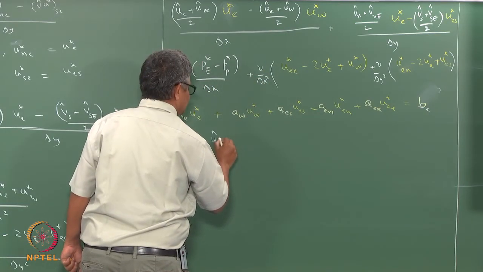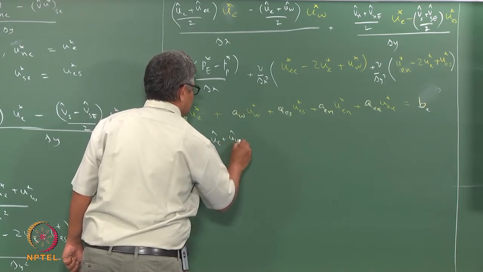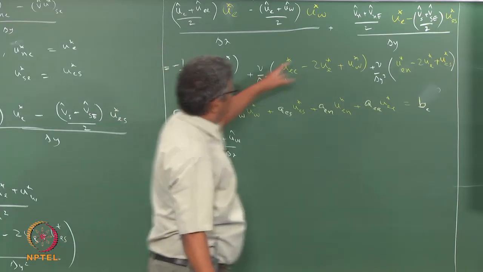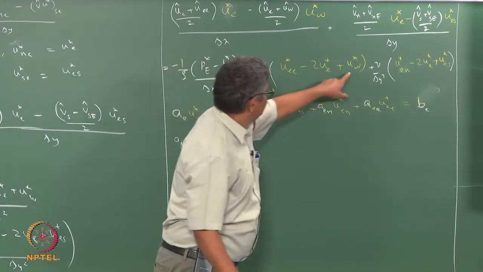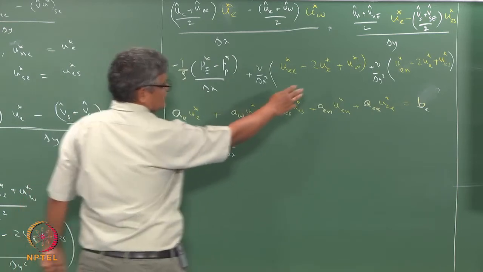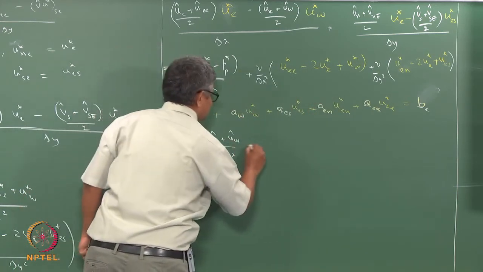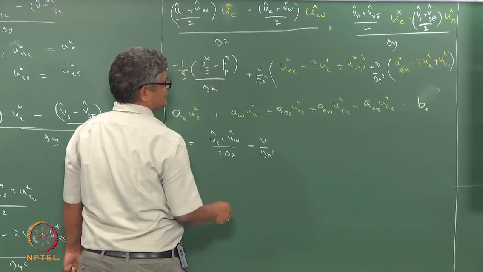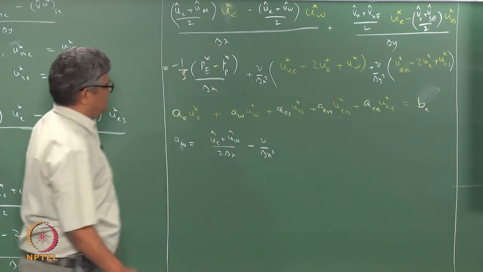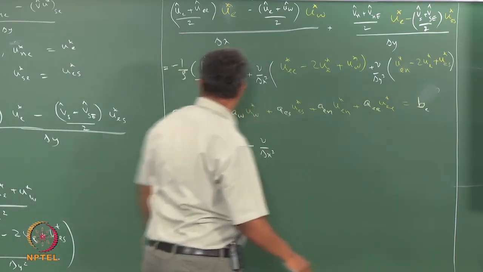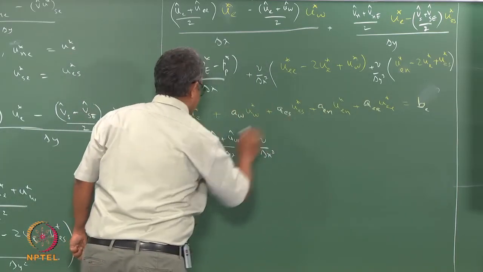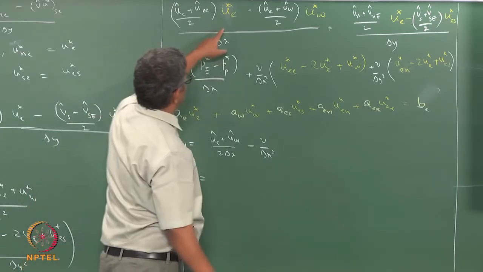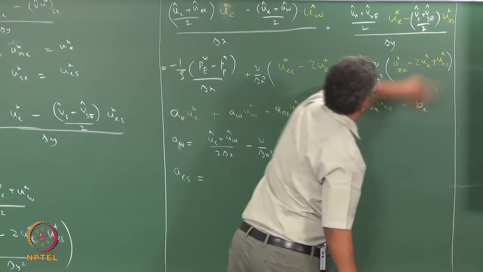U hat E plus U hat W by 2 delta x, that is this one, and there is this one here, this on the right hand side. So we bring it to the left hand side. So minus nu by delta x square is UW here, and similarly we can write AES. There is no AES here, there is one AES here.